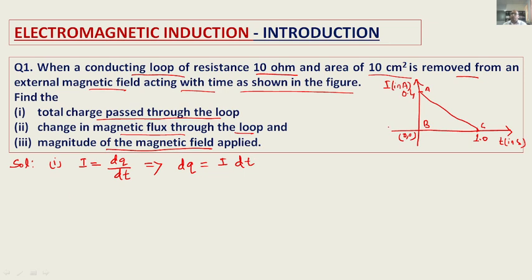Now this I dt is what? So area. Now we can say that total charge dq can be found as, because it is shown in figure, so it is magnitude of area.